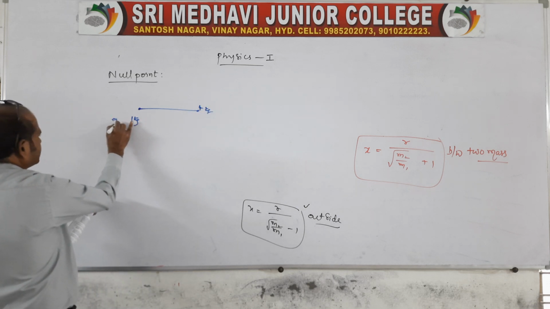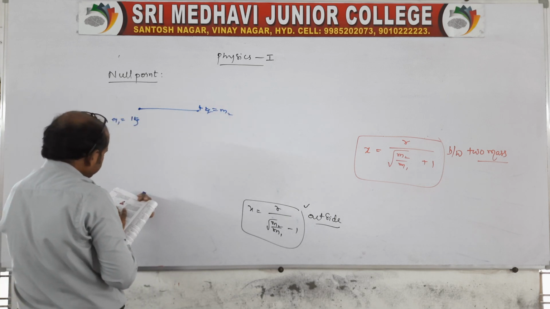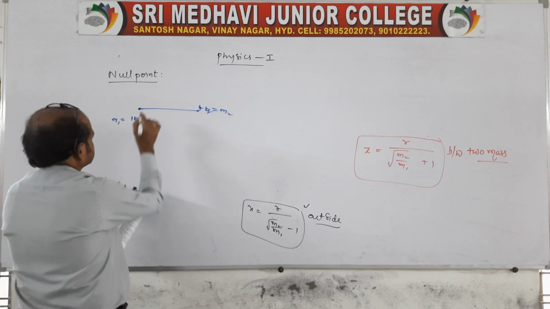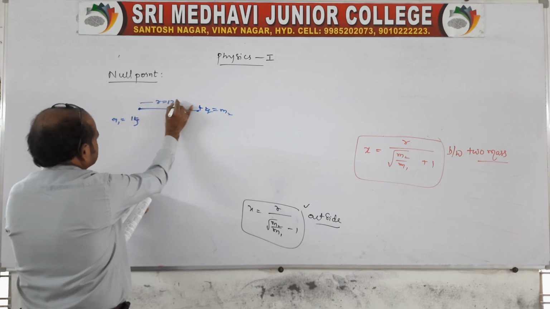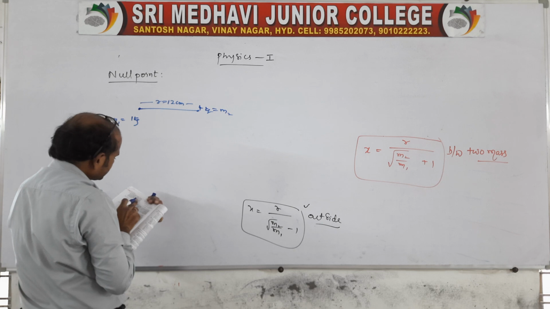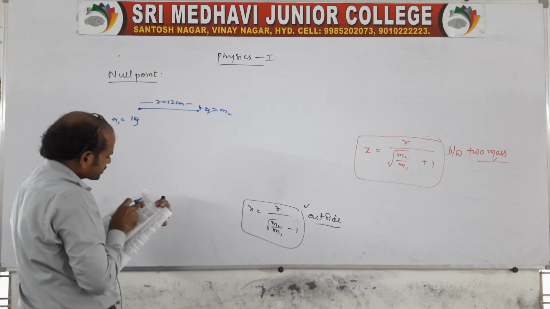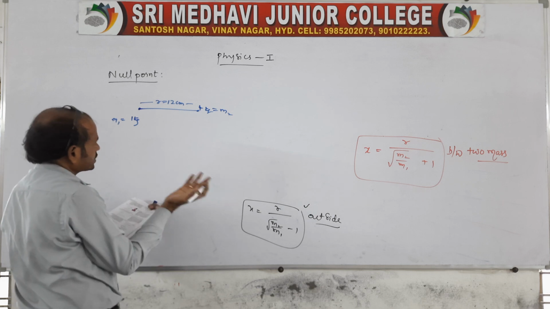This is M1 and this is M2, and they are separated by a distance of 12 centimeter. R is equal to 12 centimeter is given.